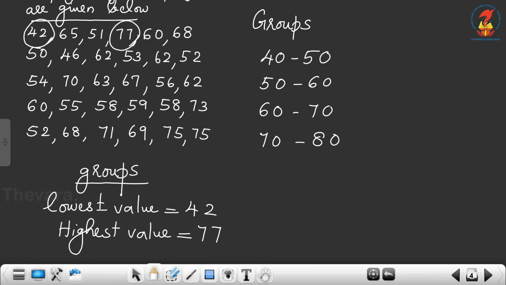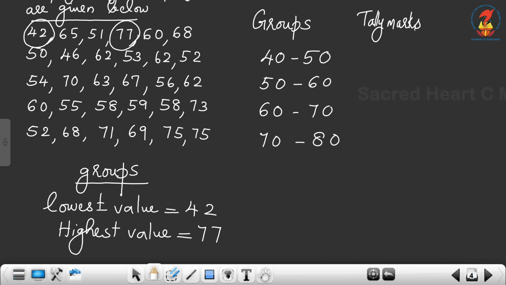Now the next column is tally marks. And the last column will be frequency. That means how many times each entry occurs.